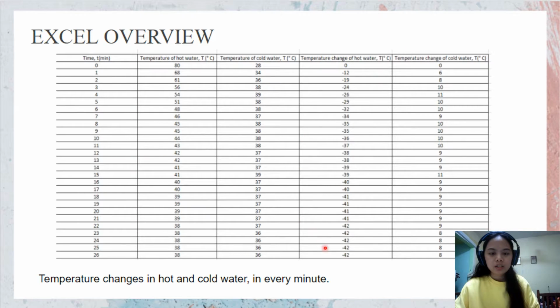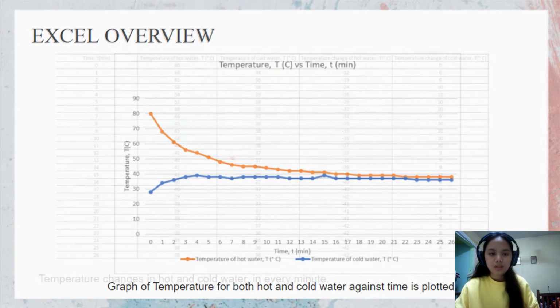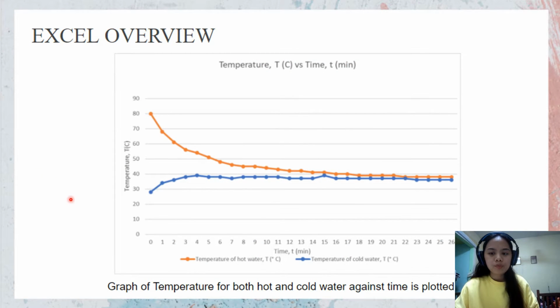So this part is the temperature changes of hot water for every 1 minute interval, and this part is the change of temperature of cold water for every 1 minute interval. So this is the graph that we have plotted in Excel.